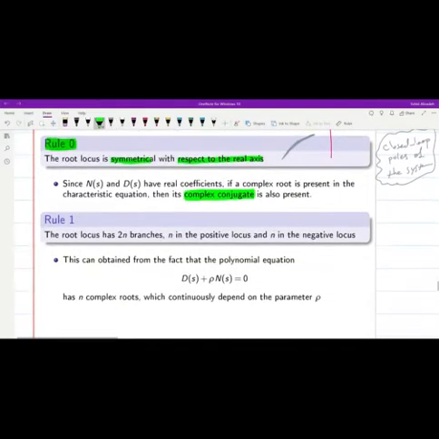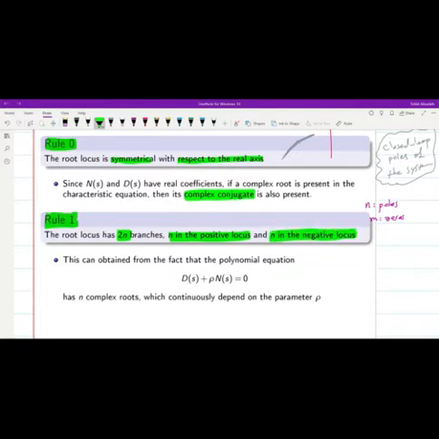The next rule is regarding the number of the branches that we have for the Root-Locus. In general, if we have n poles and m zeros for our system, our Root-Locus will have 2 times n number of branches, where n of them will be in the positive locus and n of them will be in the negative locus.